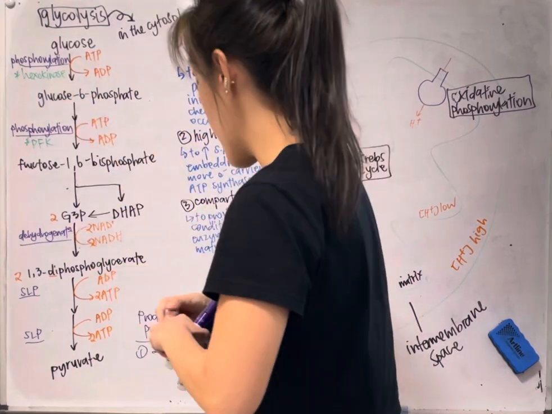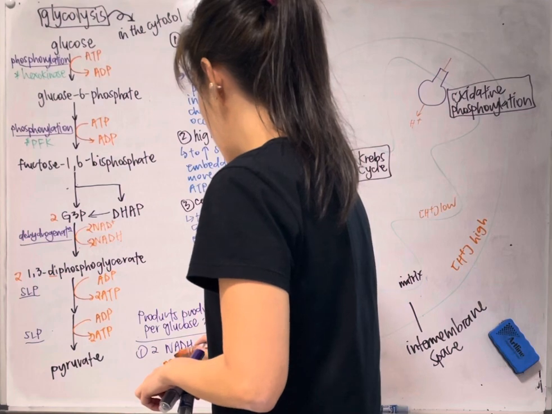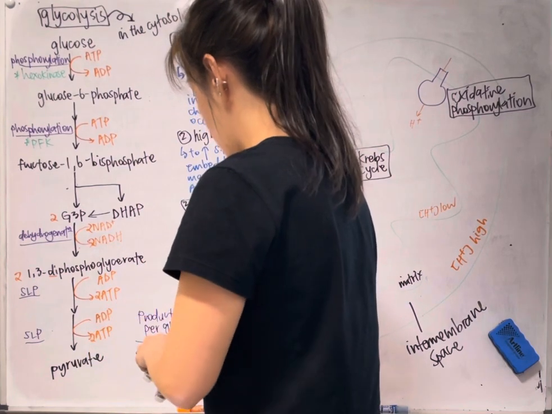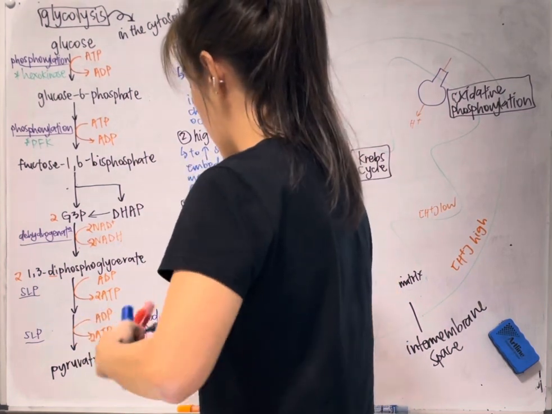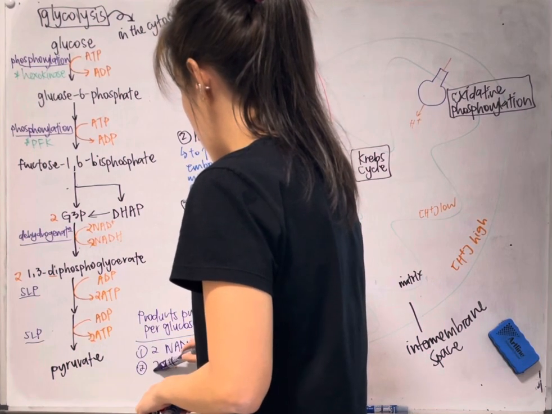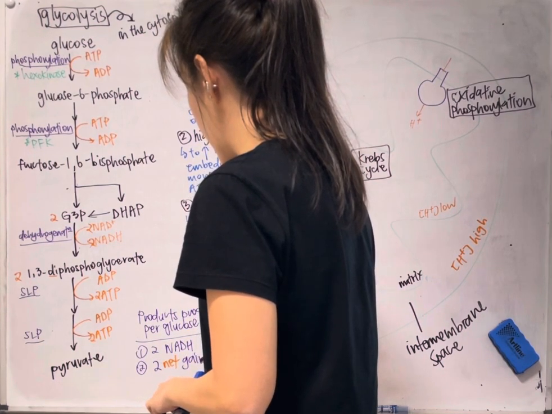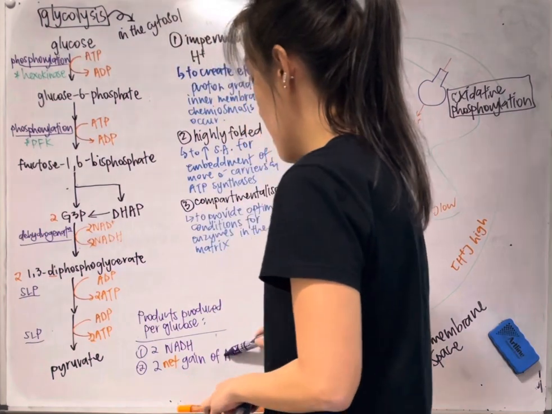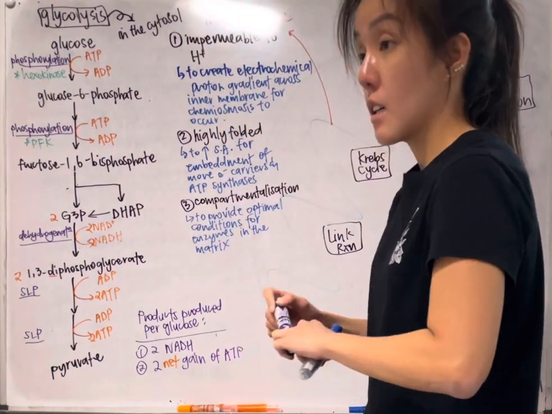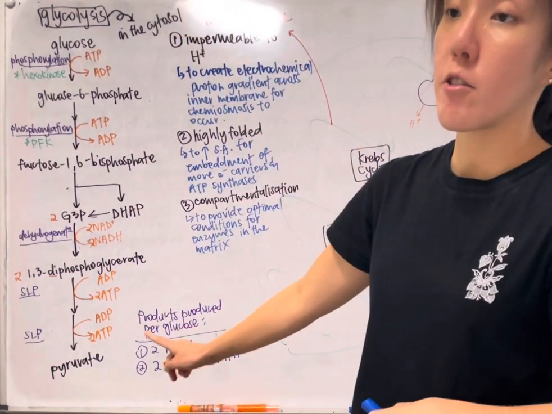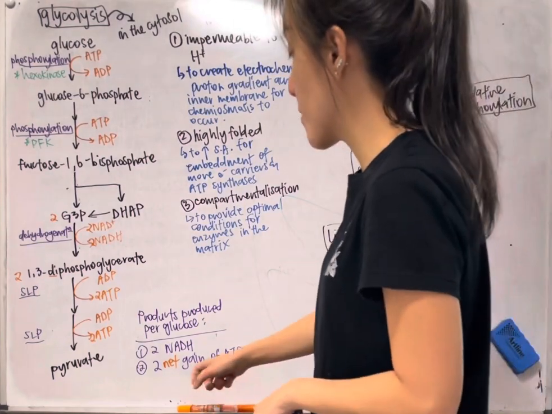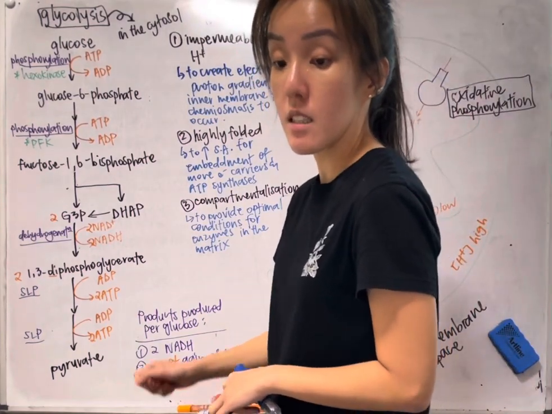That's why the keyword must be 2 net gain. That's why you see in your notes. If you never write net gain of ATP, I can guarantee you will never get credit. You understand? So be very careful, you must always write net.